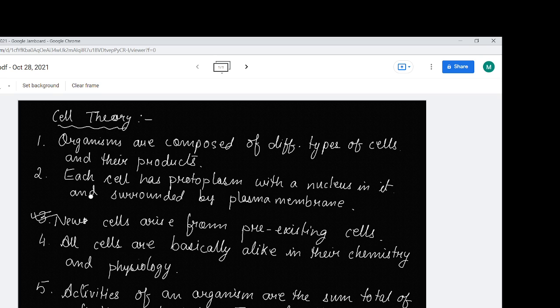In Rudolf Virchow's words, he said omnis cellulae cellula. That means cells divide and arise from pre-existing cells.